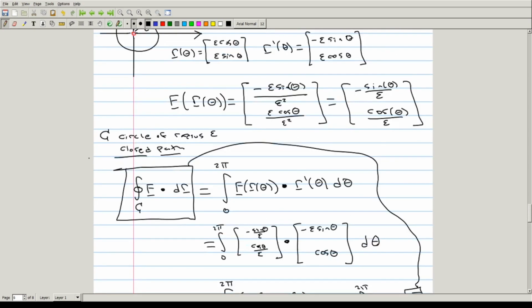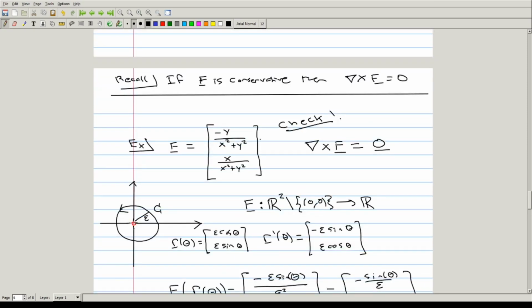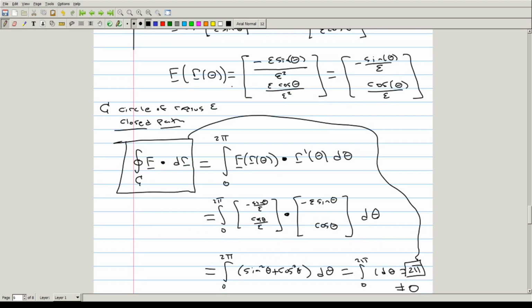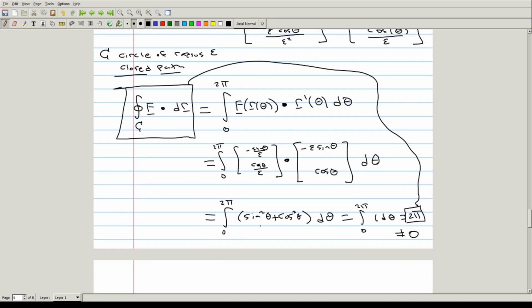For the previous example, it doesn't work because there's one hole in this domain, and just because the curl of this vector field is 0 doesn't mean that it's a conservative vector field. We definitely showed that because we found a closed path for which the line integral was non-zero.